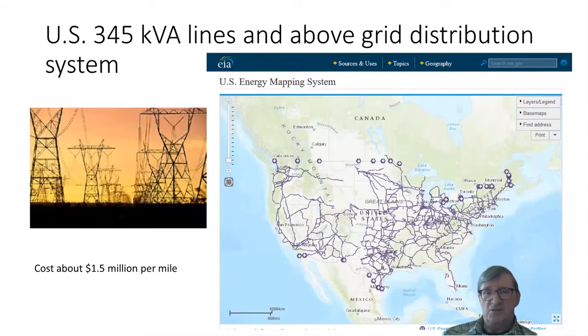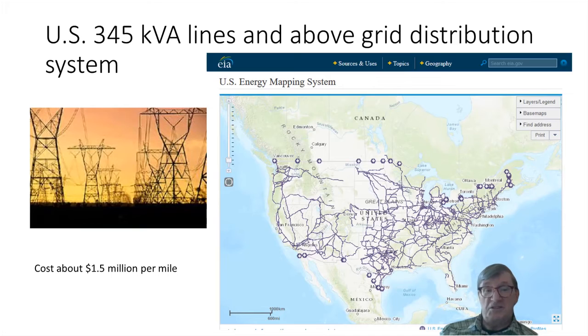I included this just because I think it's really interesting. These 345 kV lines, the picture of them on the left, are the ones that distribute power from the generators, and you see them making the long runs across the country.